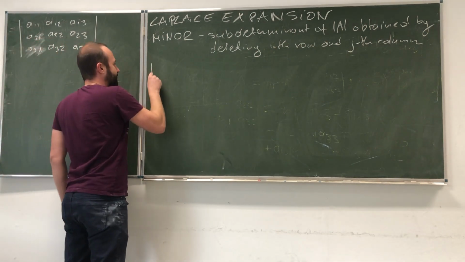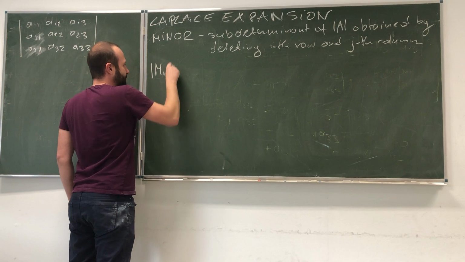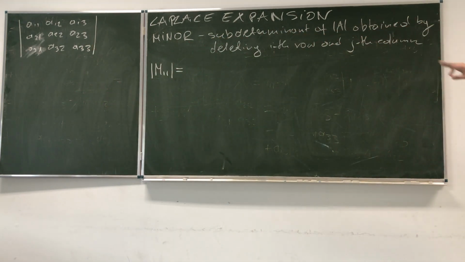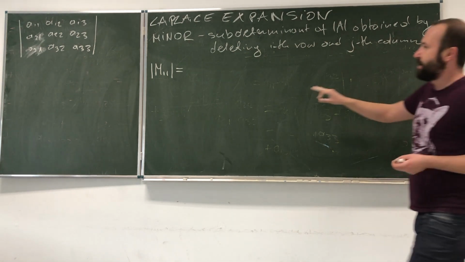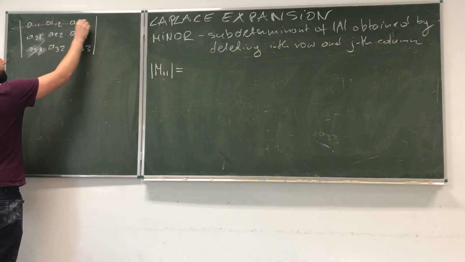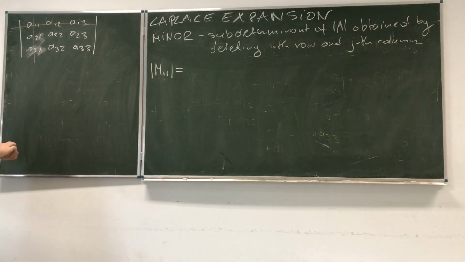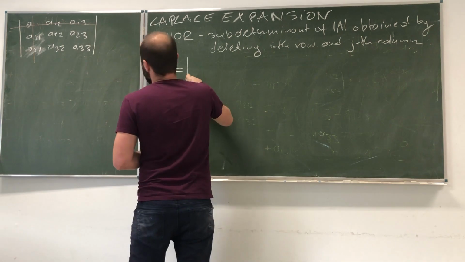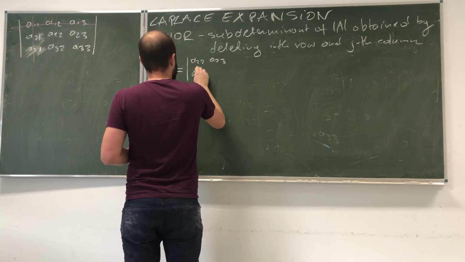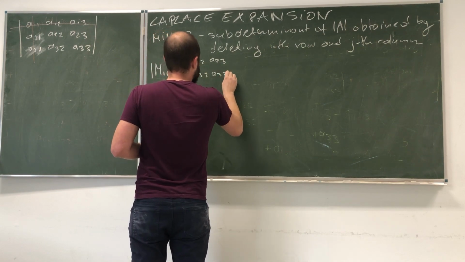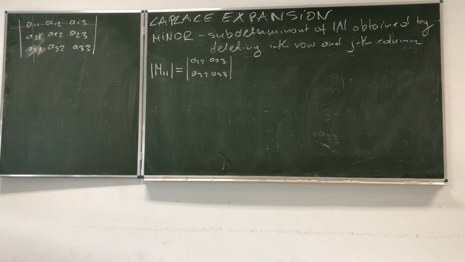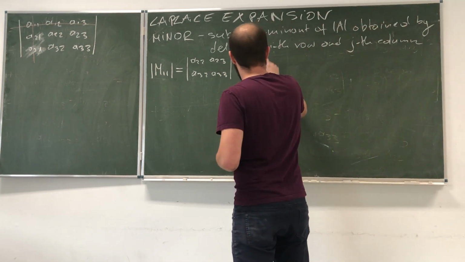If I want to find minor 1,1, what do I need to do? Look, it tells me that I need to delete the i-th row and j-th column. So in this case, all I need to do is delete the first row and first column. And what I get left is minor 1,1.